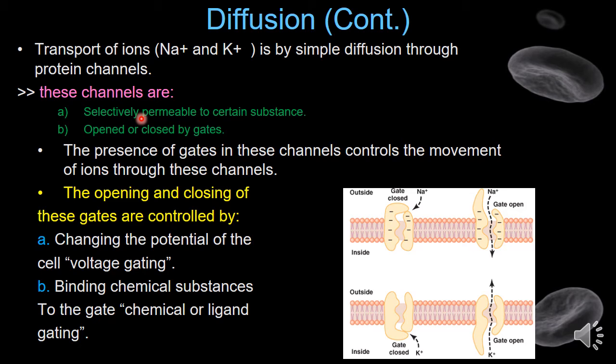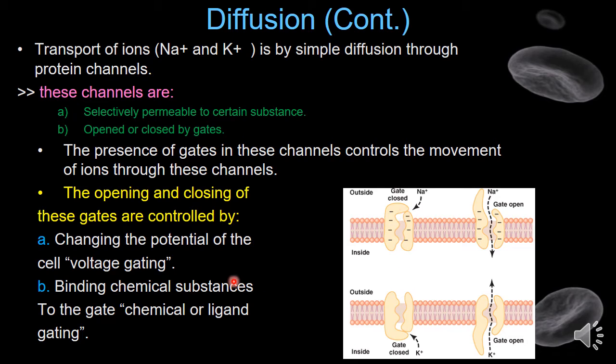First of all, selectivity. It means they selectively allow one ion and prevent the other ion. The other characteristic feature is that they are opened or closed by gates, as you can see, gates here and gates here.